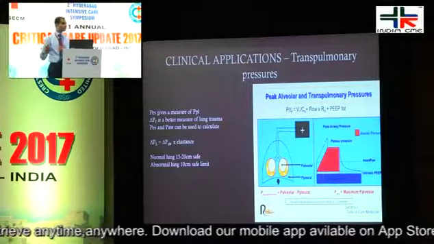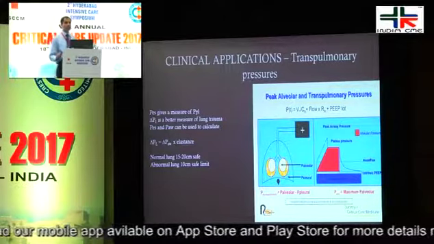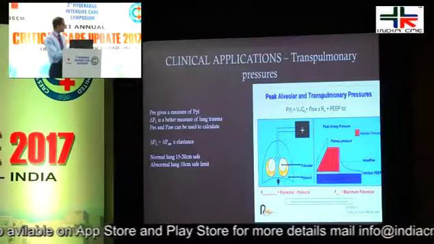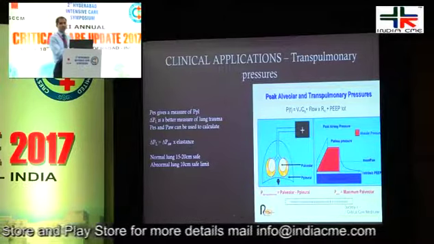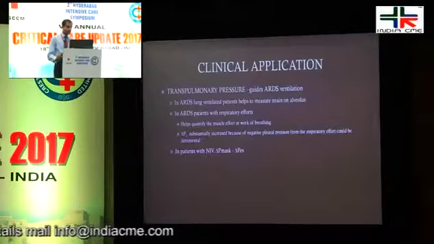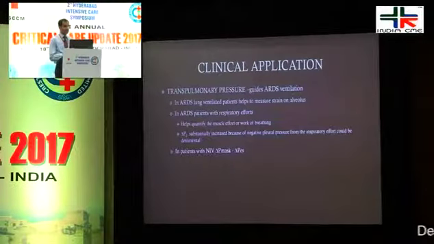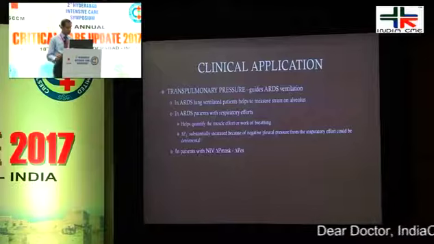The transalveolar gradient may be as high as 20, because there could be other contributing factors which we can't measure. So, to be safe for an abnormal or diseased lung, we would say 10 centimeters would be the safe limit for the transpulmonary gradient.